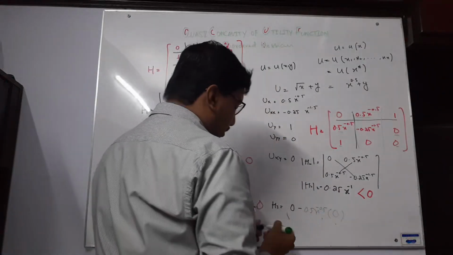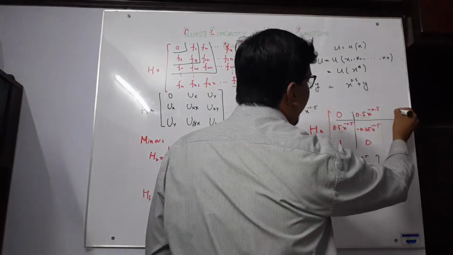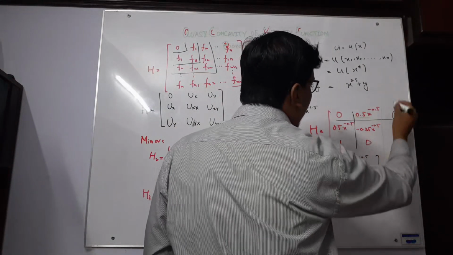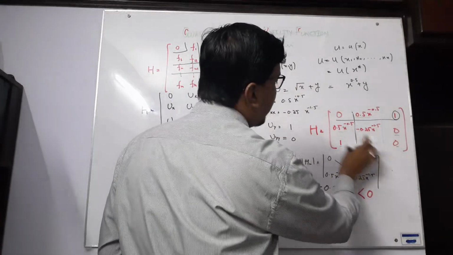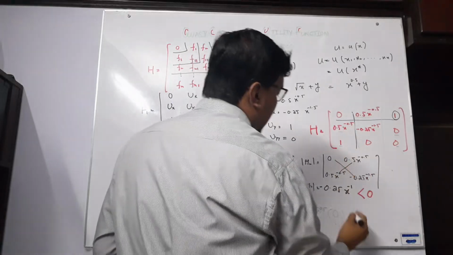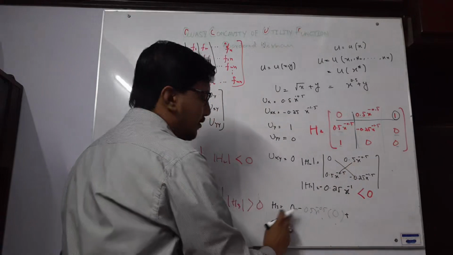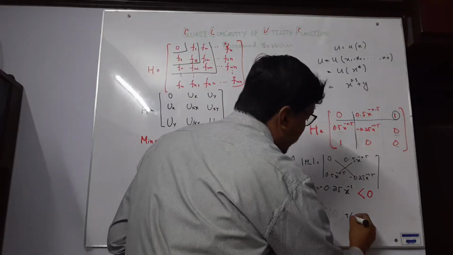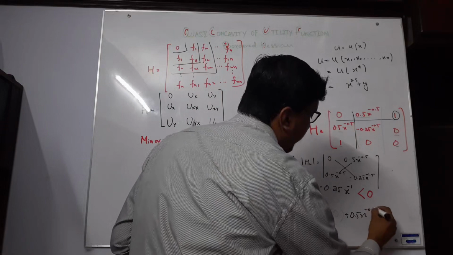Now we move to the third one, using this item. If we are using this one, this row and this column will be removed. So now we will consider these 4 items. First was plus, then minus, then plus 0.5 x^-0.5.